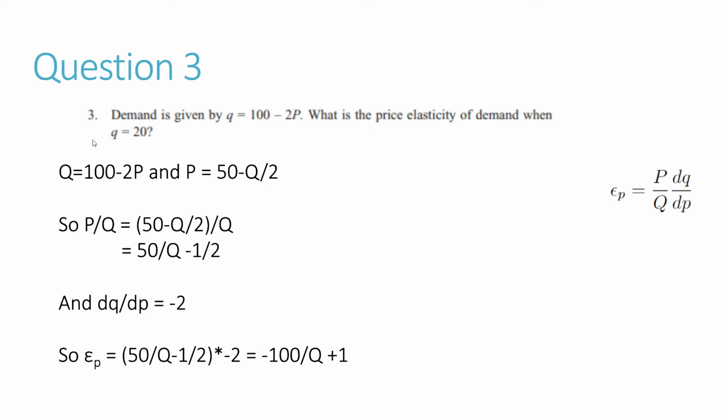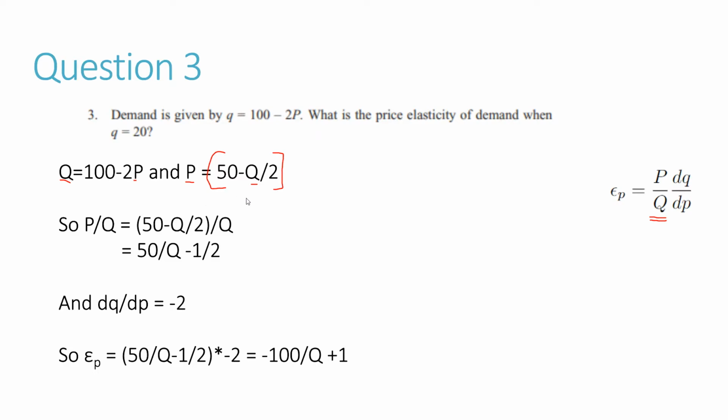Okay, so we have both Q in terms of P, and also equivalently P in terms of Q. So we're going to look at this left term here, P over Q. I'm going to substitute that numerator of P with 50 minus Q on 2. So this whole left term here will purely be in terms of Q. Okay, that's what we're going to go for here. We're going to make our elasticity in terms of Q and Q only.